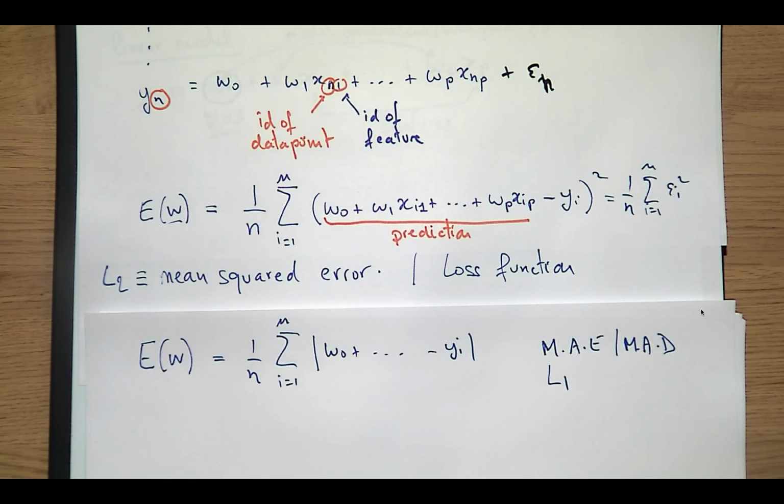If you used other powers, power 4 for instance, you can still solve for it, but then it's no more least square, and you will need a different optimization strategy, an iterative system. Usually you don't want to go for higher powers.